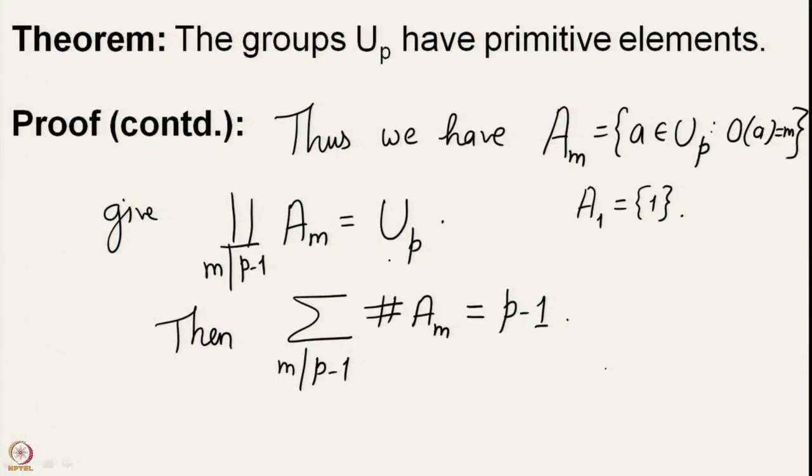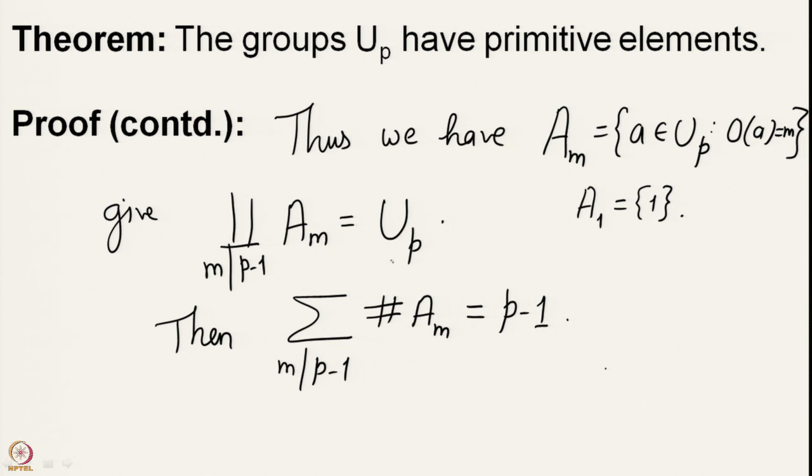Then you will look at other divisors of p minus 1 and find the sets Am. It may happen that some particular Am are empty. It may happen that you are looking at, say, 3 is a divisor of p minus 1, but there is no element of order 3. So, in that case A3 will be empty and then the cardinality of A3 will be 0, that is quite ok. But what we certainly have is that every element in Up has to have some order dividing p minus 1.